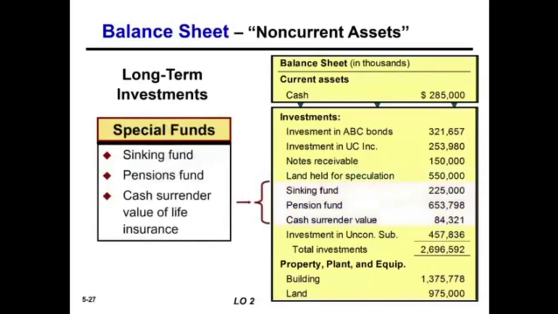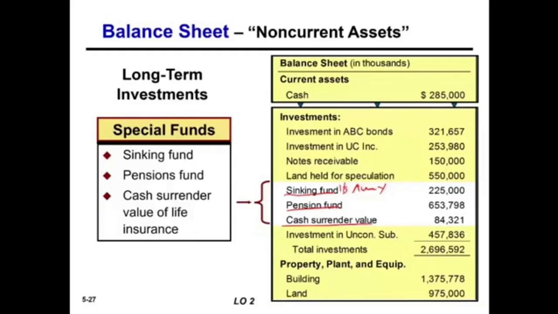Now we could also have what's called a sinking fund, a pension fund, or cash surrender value. Basically, a sinking fund is when you put money away for a purpose, and that purpose could be to retire a bond or for a future plan, but usually you invest this money in the long term and you cannot touch it. A pension fund is when you promise your employees pension payments after they retire.